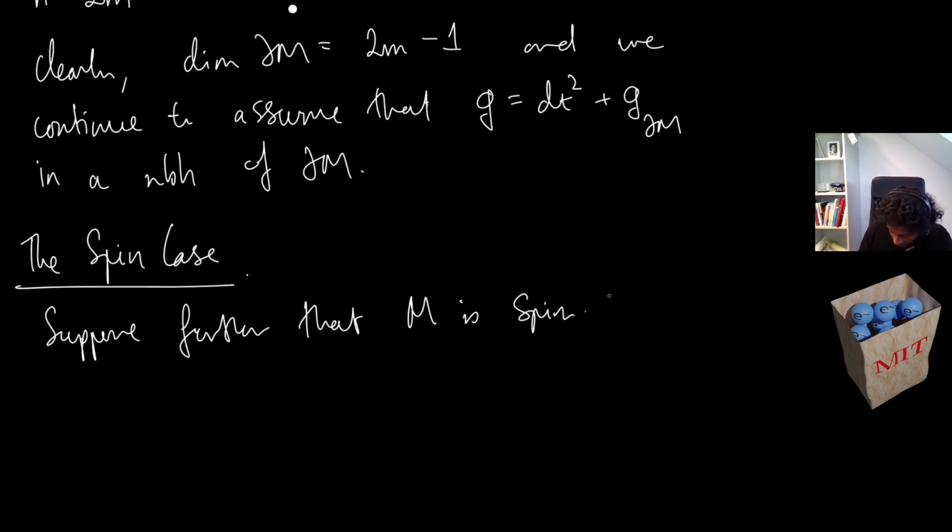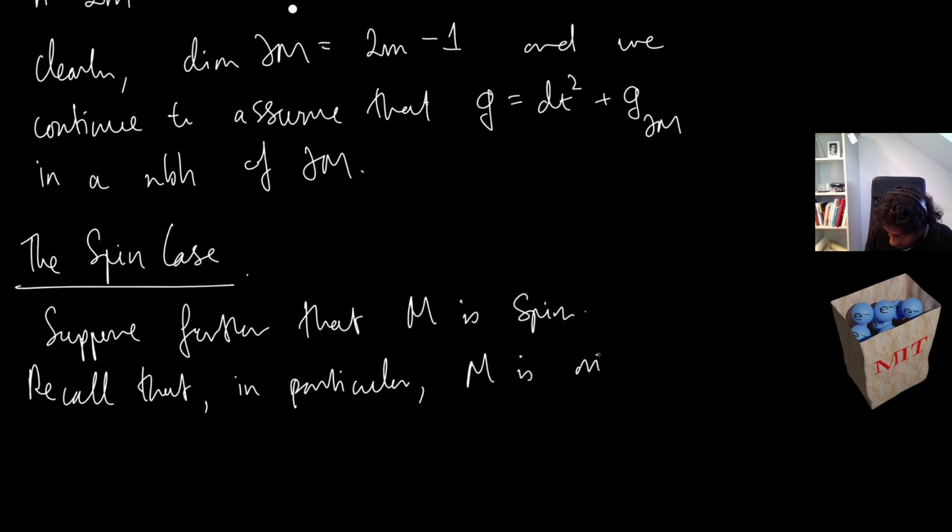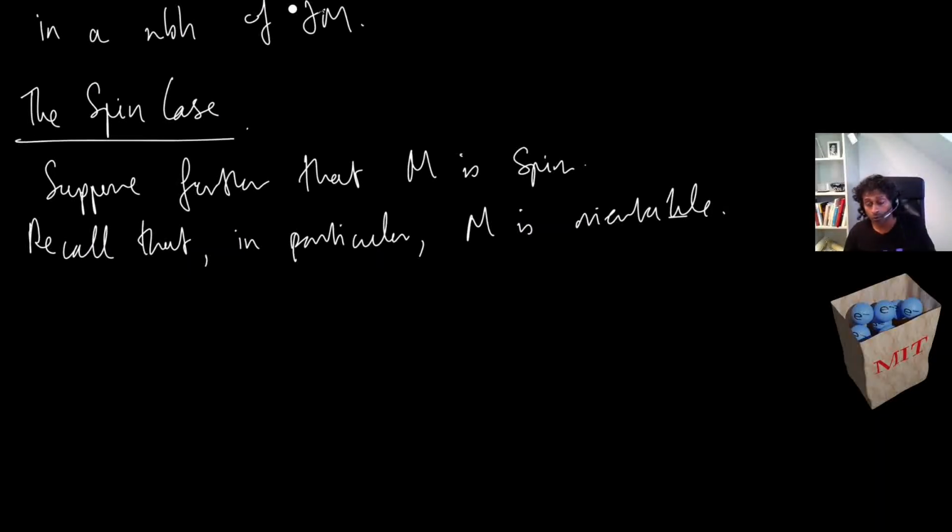So in particular, recall that M is orientable. It's a necessary condition for spin manifolds to be orientable.